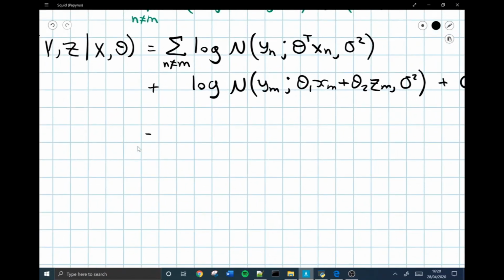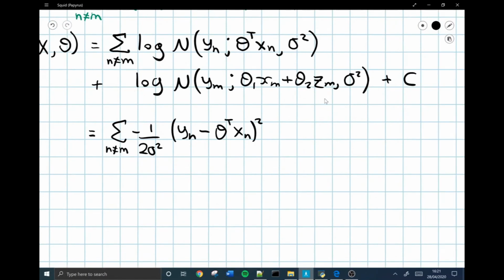And then this will all be equal to, so again, only including the parts that are a function of theta. So we're going to have the summation of where n is not equal to m. And the log of this normal distribution here, so we're going to end up with a minus 1 over 2 sigma squared multiplied by yn minus the mean, theta transpose times xn squared.